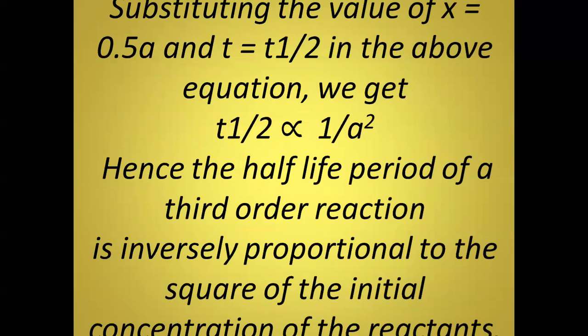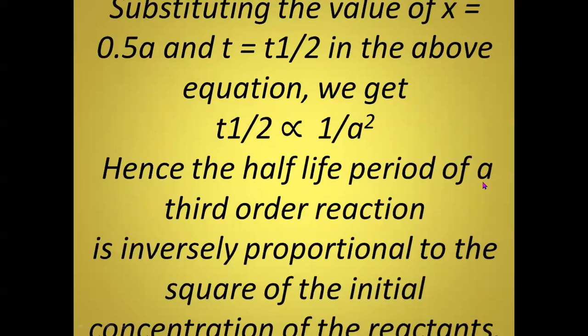So if you write x as 0.5 A and t as t half in the above equation, we arrive at t half = 3/(2KA²). Because K is constant, therefore t half is proportional to 1 by A squared.